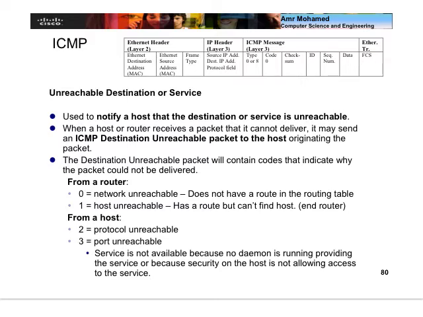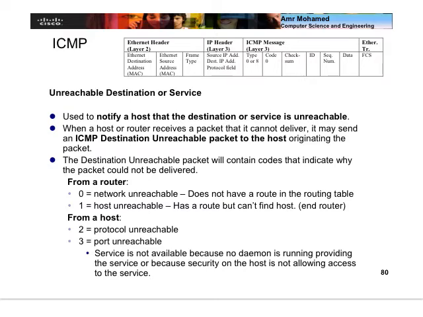Okay? So if the application is not picking up, then we send port unreachable to indicate that the application is not actually responding back. Sometimes the application does not pick up the message because for security reasons the server does not want to respond to the ping messages.